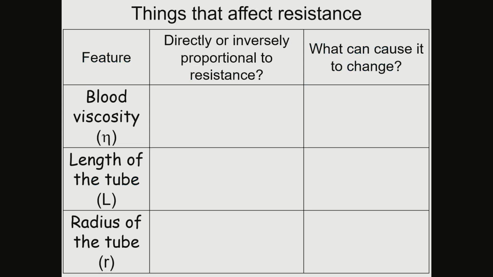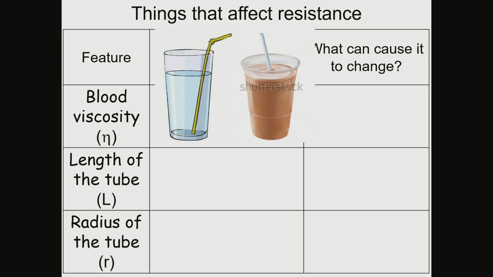And so we want to look a little bit more at what goes into resistance. First thing is blood viscosity. Think about drinking a glass of water through a straw. It's really easy to do that. But then you have this nice thick milkshake, and you're drinking that through a straw. Is it easier or harder to drink through the straw? It's harder, right? And so that's viscosity. Obviously, the milkshake is more viscous, has an increased viscosity.